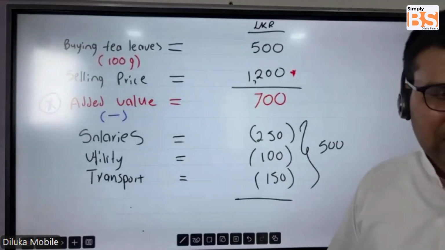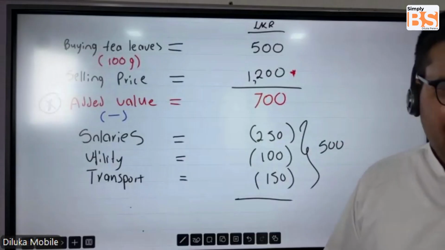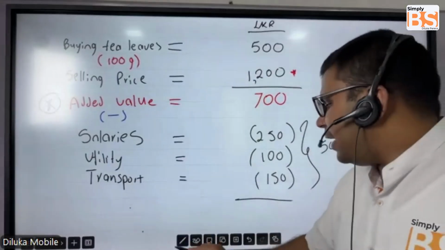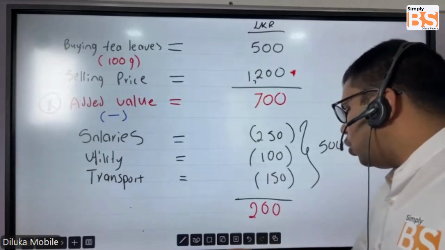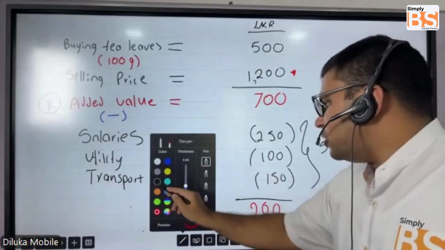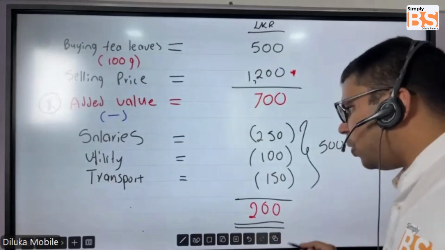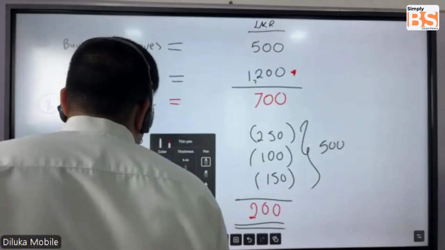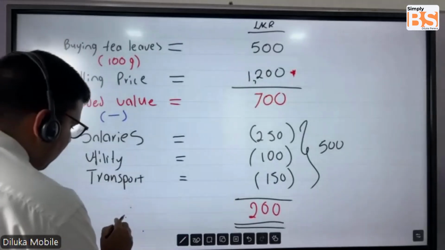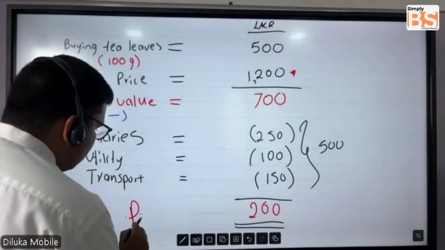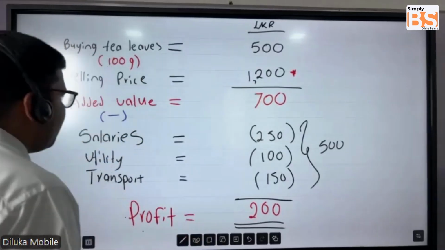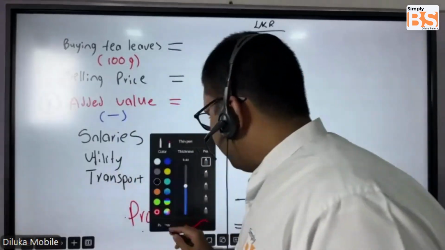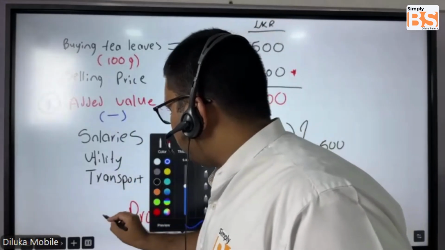If you deduct it, you have your final profit as what? 200 rupees. This is your profit. Let me put a star mark here.